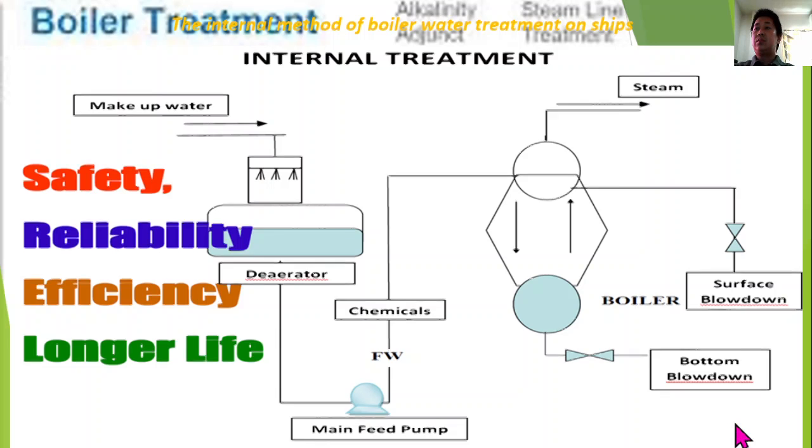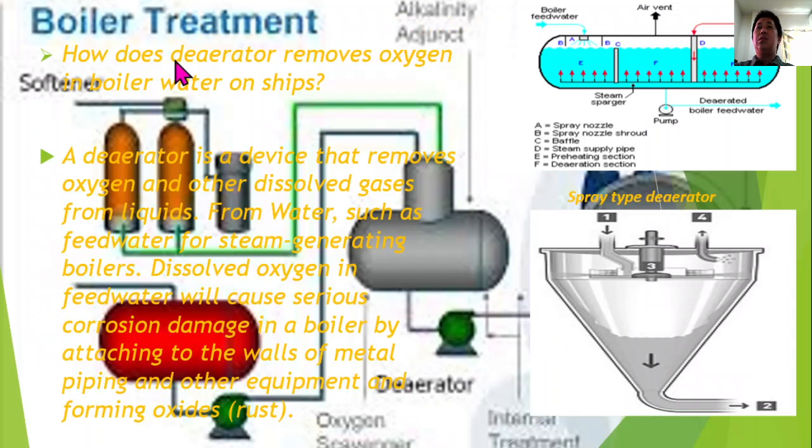Next, we have here how the deaerator removes oxygen in boiler water on ships. A deaerator is a device that removes oxygen and other dissolved gases from liquids, from water, such as feed water for steam generating boilers.